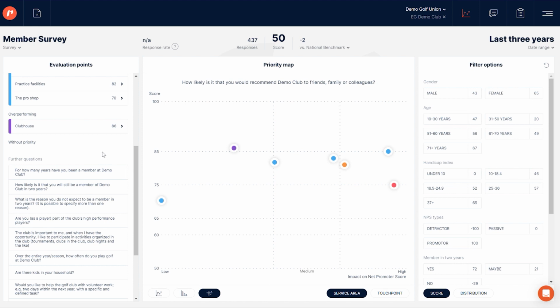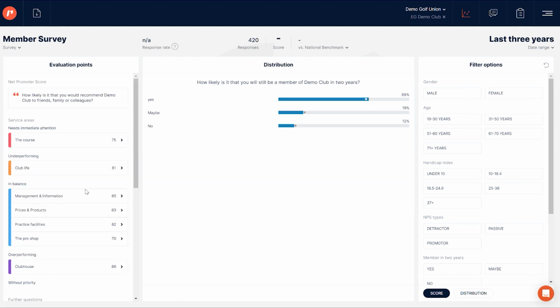We'll start by clicking on the question, how likely is it that you'll still be a member in 2 years? As you can see up in the top, the question contains answers from 420 responses. It gives us 3 options on how likely it is that a member is still a member in 2 years.